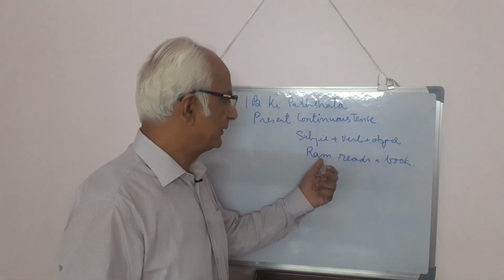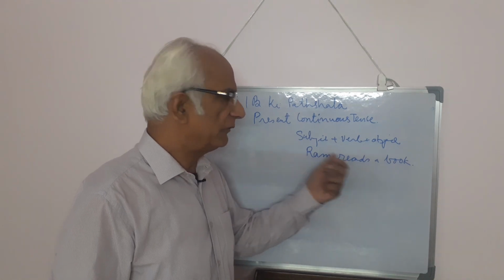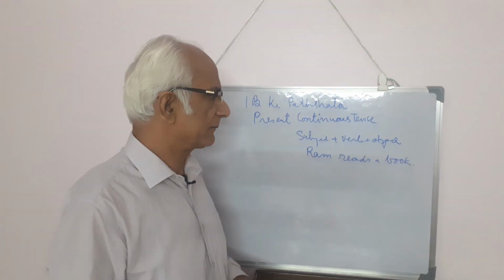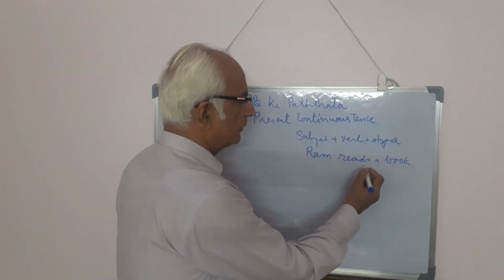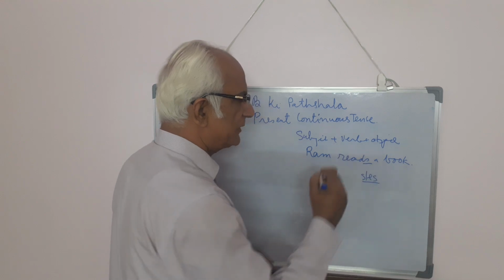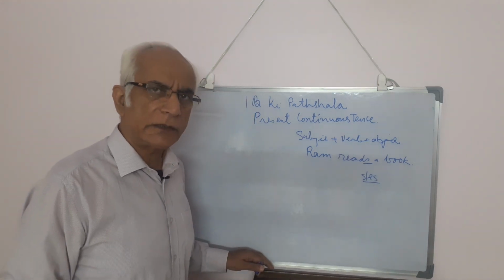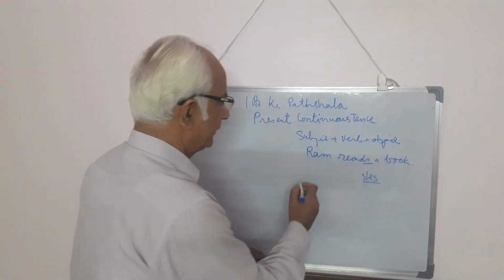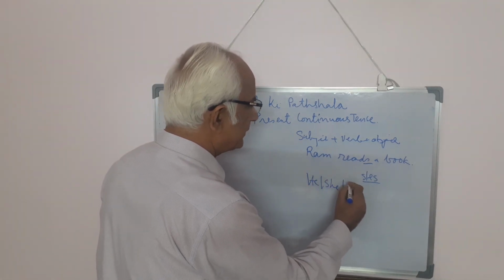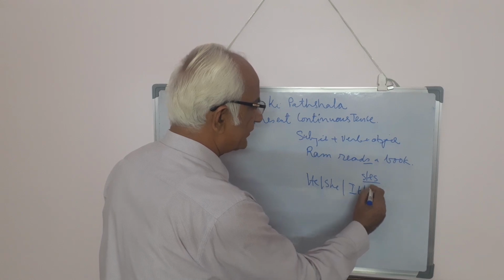So this is the subject and the verb. There is no helping verb here, is, am, are. And with verb, we add s or es when the subject is third person singular. We use he, she, it, or someone's name.